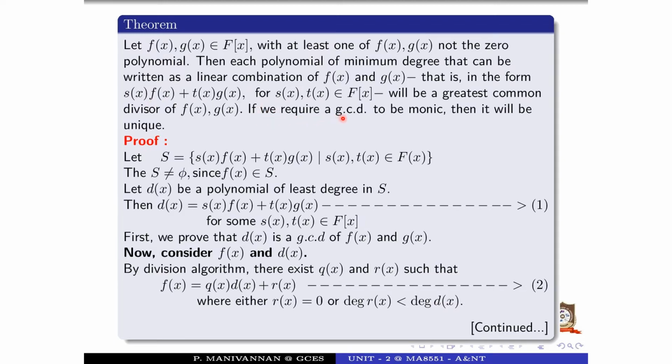If we require the GCD to be monic, then it will be unique. If the GCD is monic, then it will be unique. Otherwise, it will not be unique.